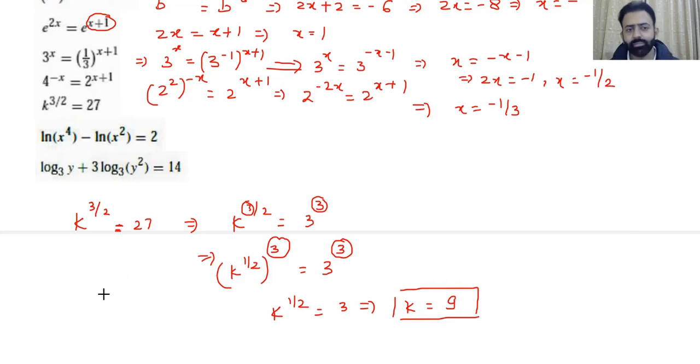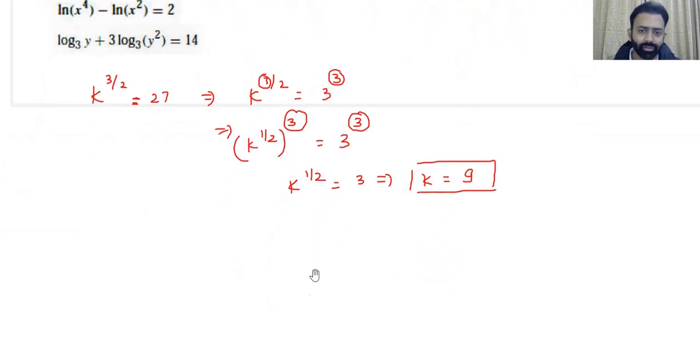Now let us solve some questions involving logarithms. As you can see, this is written as ln. It's a special case of log, where the base is e, a special universal constant, which is Napier's constant. Its value is 2 point something, I do not know the exact value, 2.7 something like that.